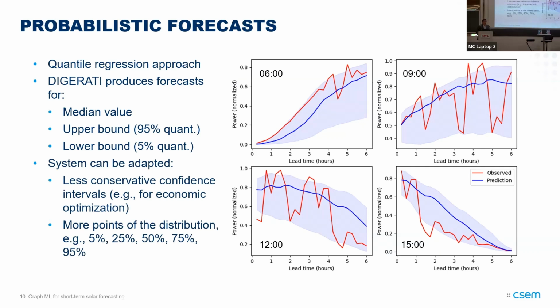Now, the system can be adapted with this quantile regression approach. We can have less conservative confidence intervals. For example, instead of using just the 5% to 95%, we could use the interquartile range, the 25% to 75%. Or we can have more points in the distribution, and that can be easily adapted in the model. That all depends on the application.